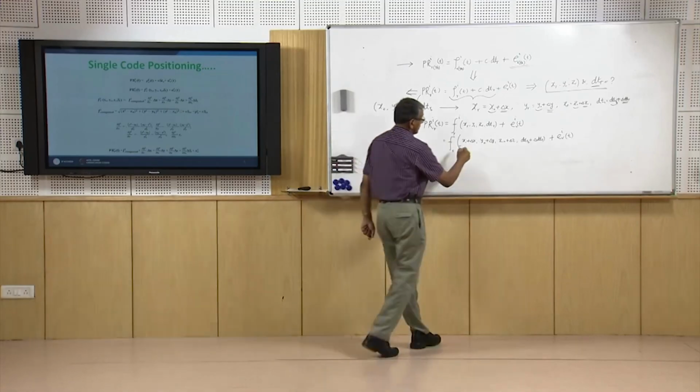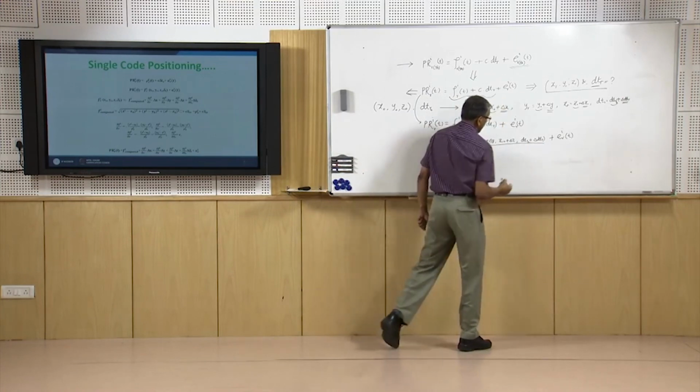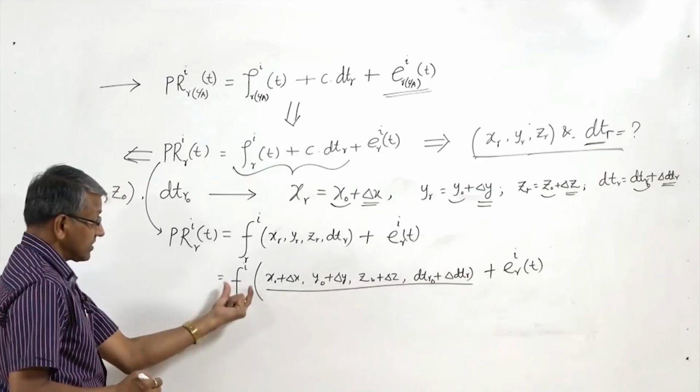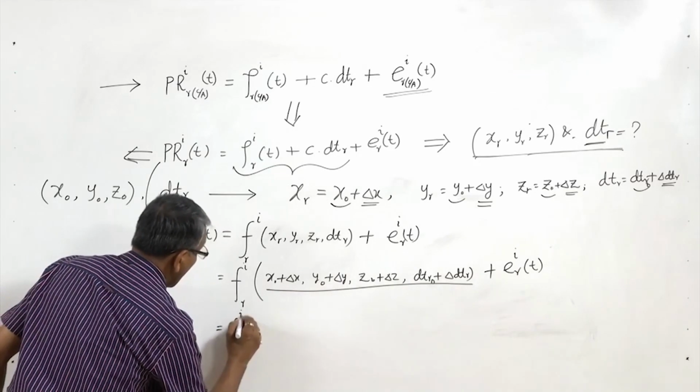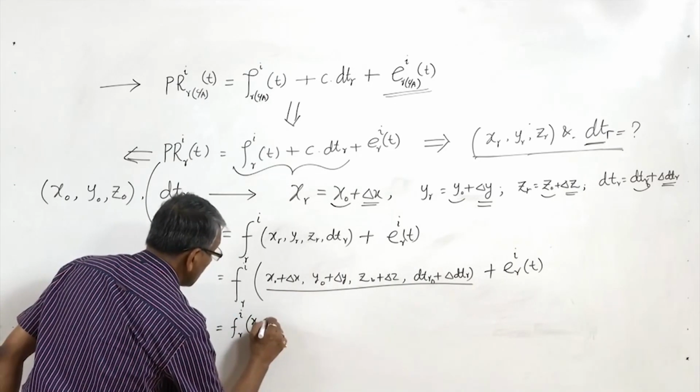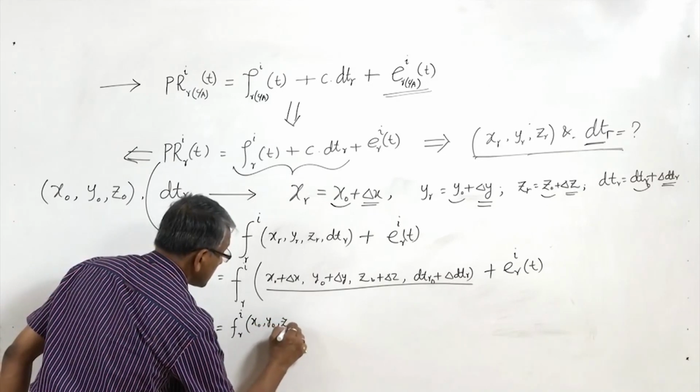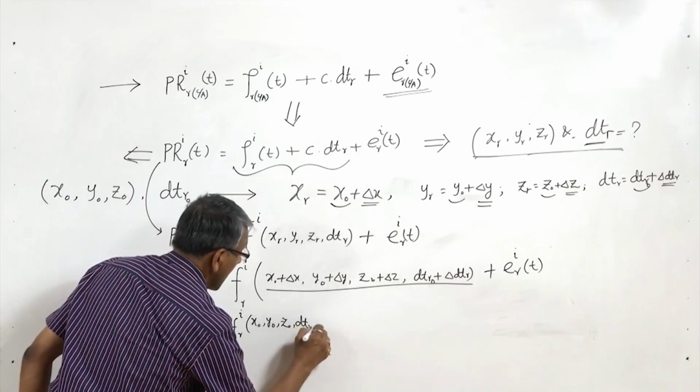Now this is a function of a function, so we can write it like this, f_i(R) at X0, Y0, Z0, dt_R0.